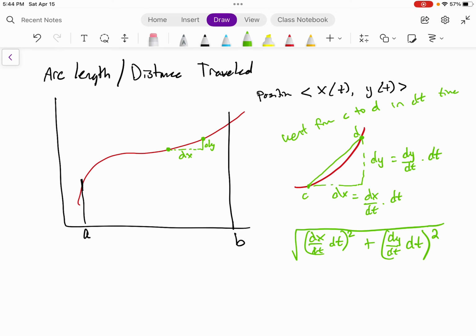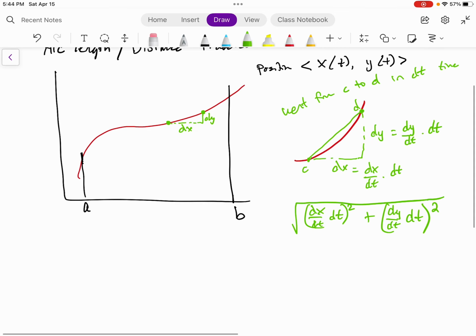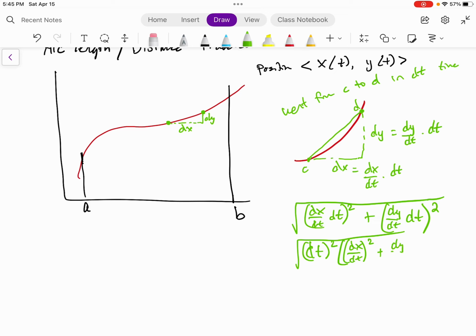This thing squared. It's just those two things squared. That's what the Pythagorean theorem would say. And we're going to do something very similar to what we did in the past. I'm going to factor out a dt squared. So that's going to be something like dt squared times dx dt squared plus dy dt squared.